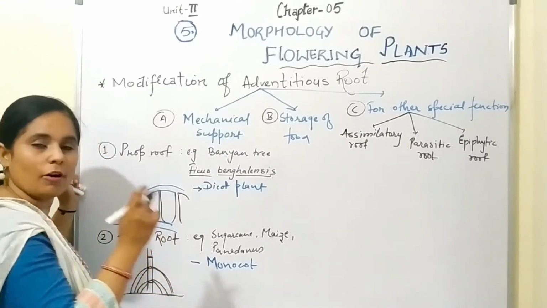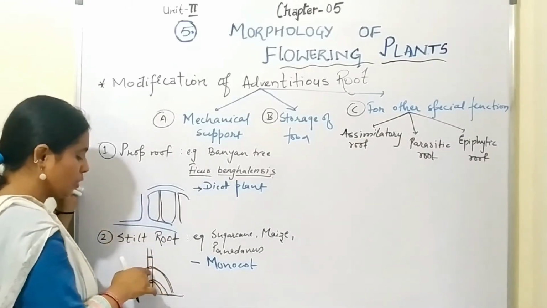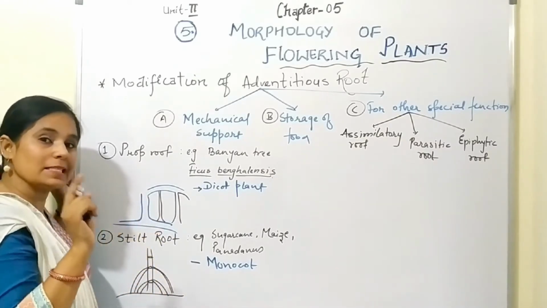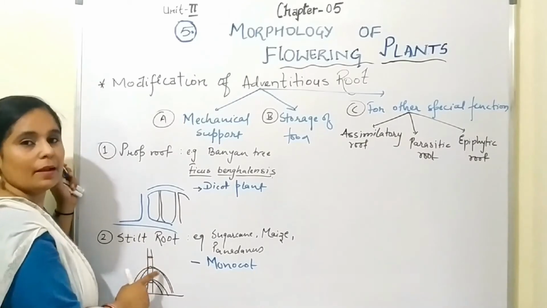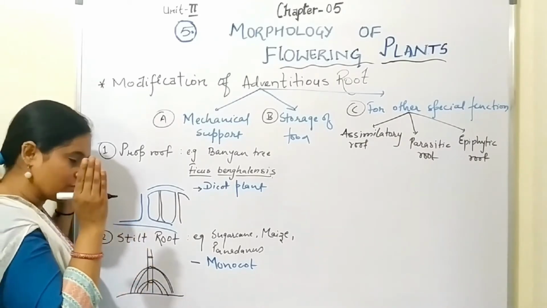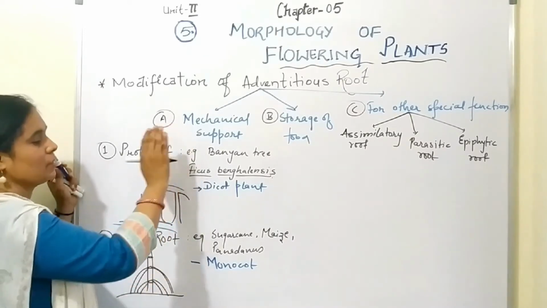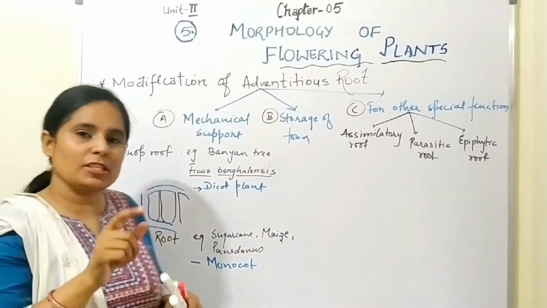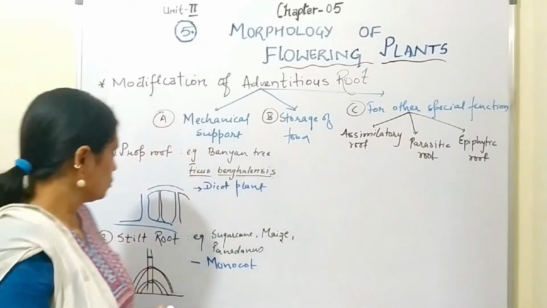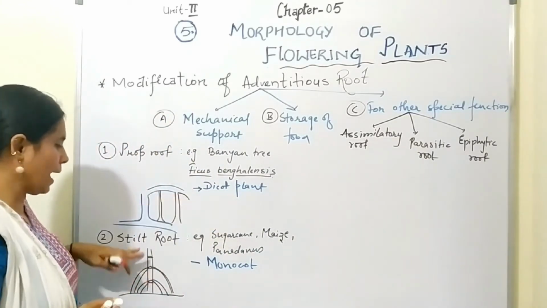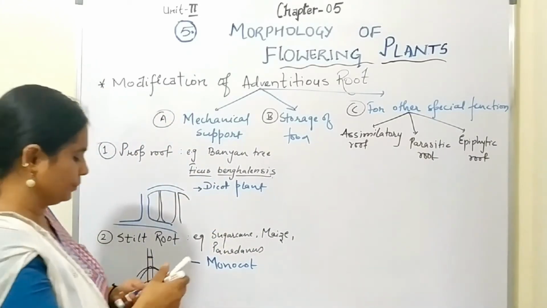So this kind of root which grows from the nodes, from the stem, is supporting the plant. This kind of stilt root is known as the root which helps in mechanical support. So prop root in dicot and stilt root in monocot.